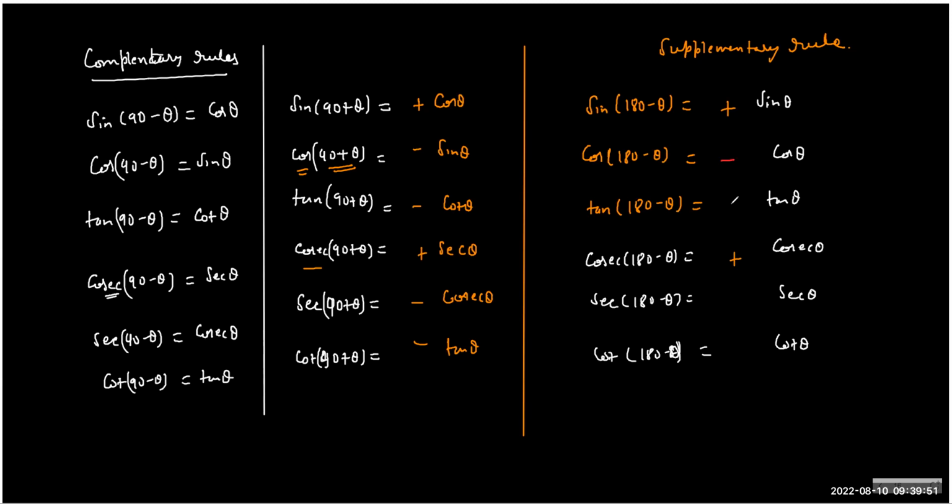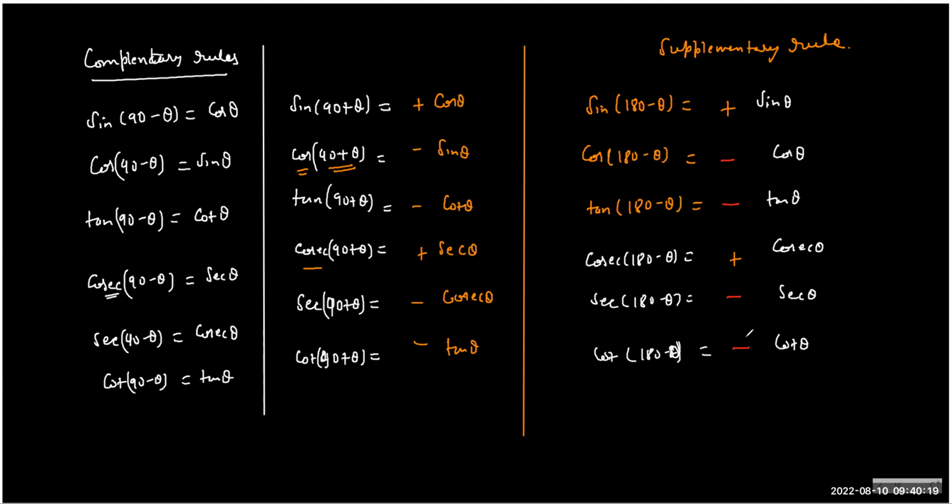Correct? Is this clear? So it's very simple. For the supplementary rule, we don't change the name. Sine remains sine, cos remains cos, tan, cosec, cot, sec. The only difference is that we know the convention, we just put the plus minus.